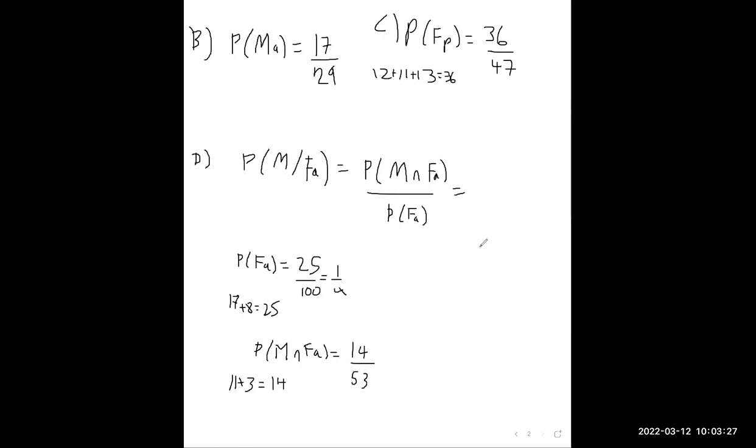That gives you the intersection, but it would still work out to be the same. So males failing is 11 males fail and 3. That's 14. That's 14 out of 53. Divided by total that failed.